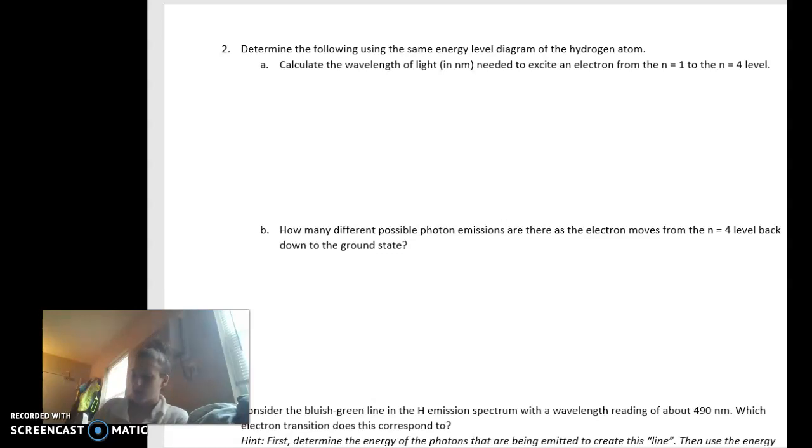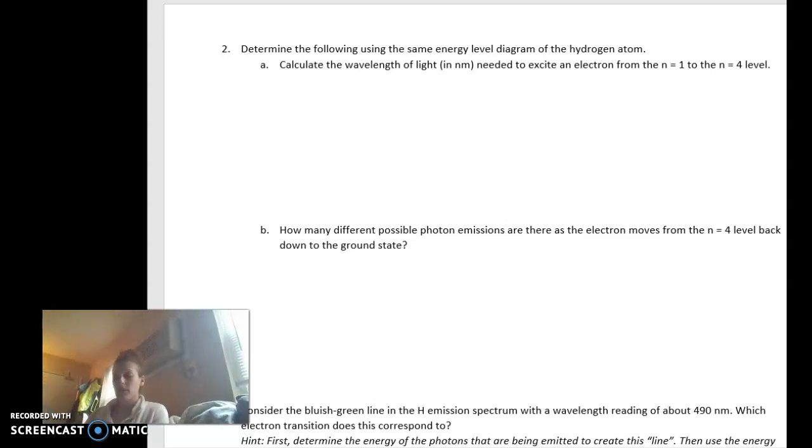If I set this up, 2.043 times 10 to the negative 18th, I'm just going to leave it in joules, equals Planck's constant in joule seconds, 6.63 times 10 to the negative 34th, times the speed of light over the wavelength. Again, just some algebra, we find that the wavelength is about 9.7 times 10 to the negative 8 meters.